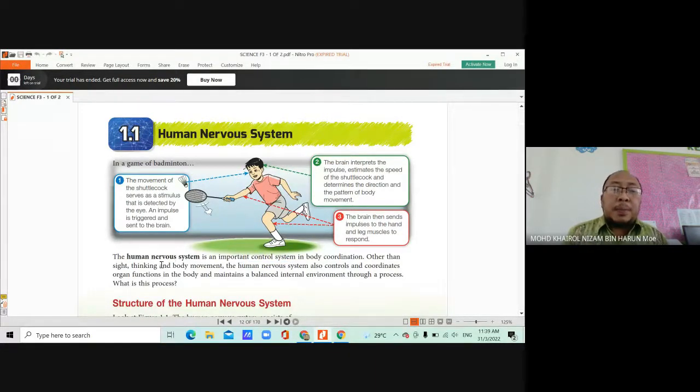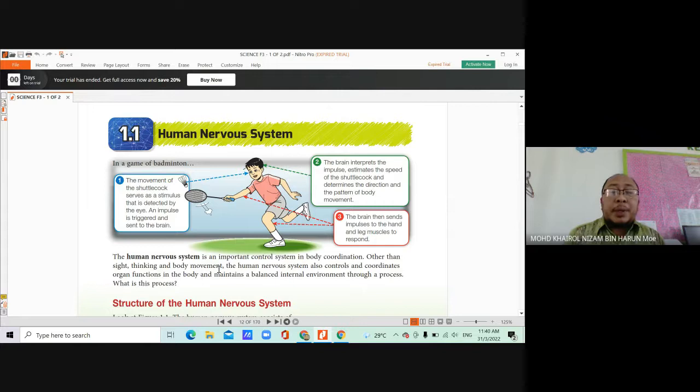The importance of the human nervous system is to control and coordinate the function of our body. That is the most important fact that you have to remember.